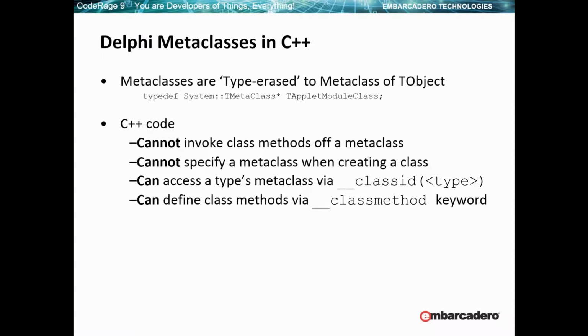So we won't see any particular class methods that meta class has, and we won't be able to invoke those class methods as a result. So that's one of the areas that we're working on: how do we expose the whole meta class concept in C++.